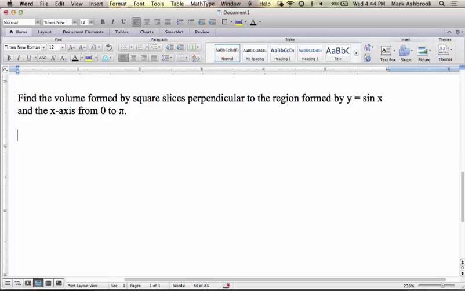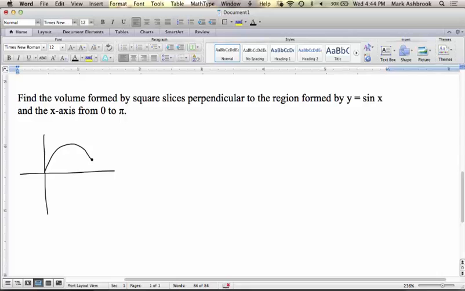Okay, so this is not a volume of revolution, but it's a volume that we're going to form with square slices, okay? So first we're going to need the region. Just like before, we find the region first and then the volume from that region. So y equals sine x from 0 to pi, hopefully should be familiar.